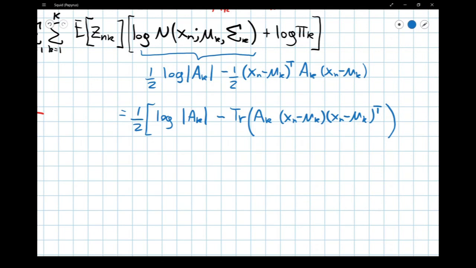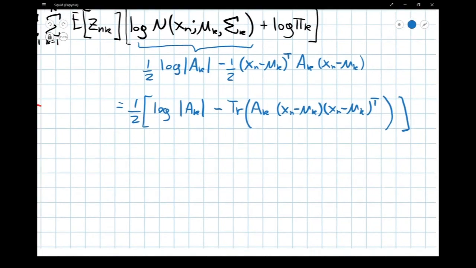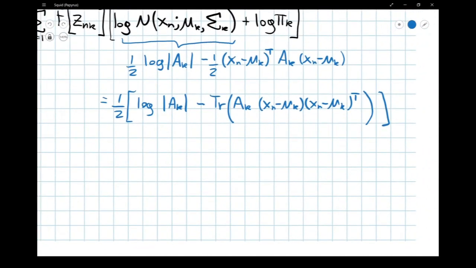So what we have here is our precision matrix. You can show that if you multiply that by this thing, which is now a matrix itself, and then you take the transpose, then you end up with this term here. Okay, so now we have two properties that we're going to rely on here.